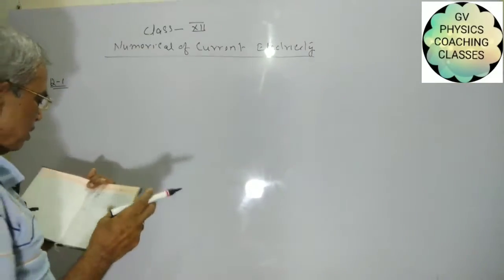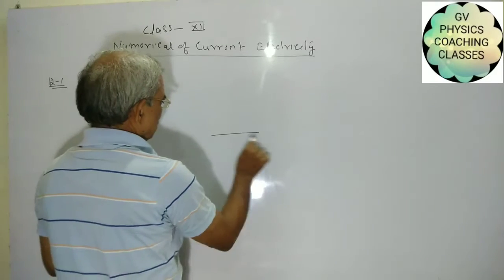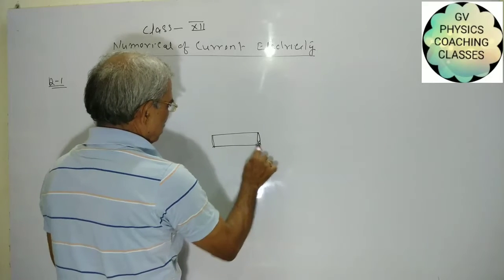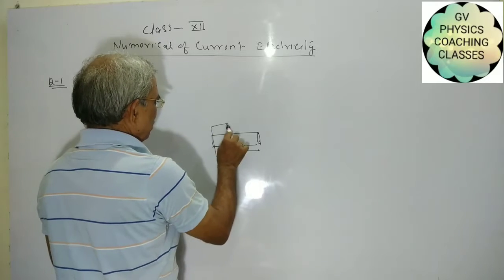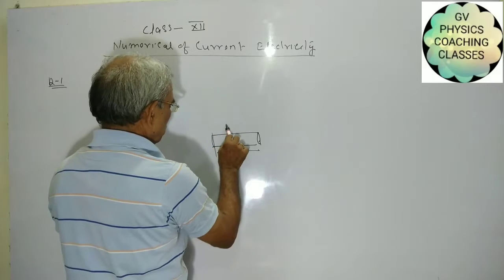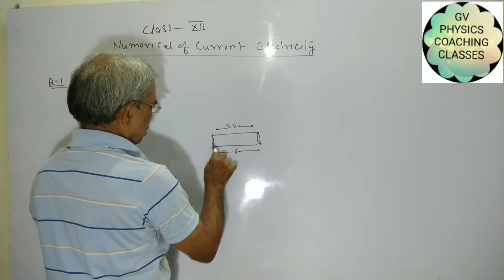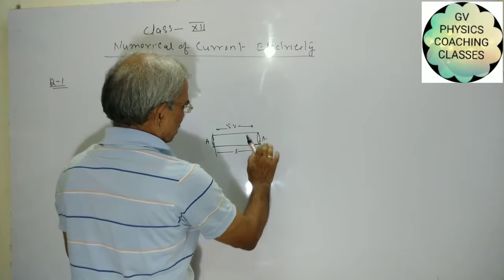Suppose this is the length, and the potential between these two points is 5 volt. A is the area of cross section.